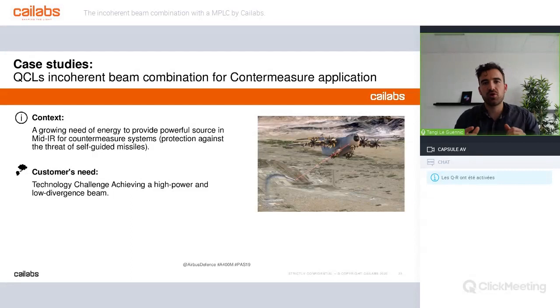It consists of putting a lot of light into the reception area of the missile to remove its attack and make it inoperative. The customer need is a technology challenge to achieve a high power and low divergence beam. Why low divergence beam? Because it's important to have an optimal divergence to accurately guide the emission.